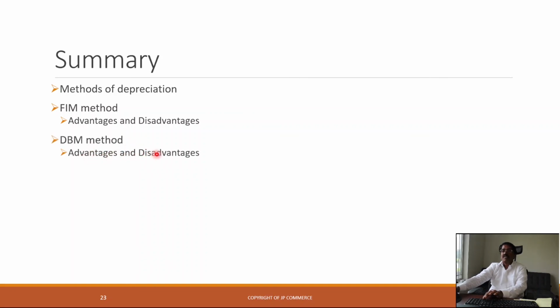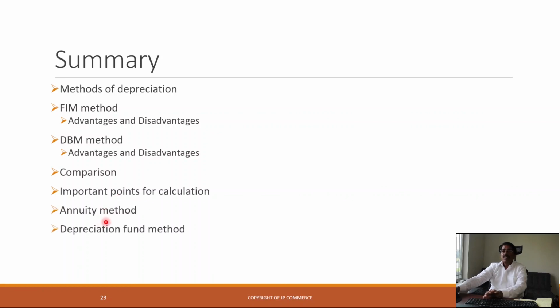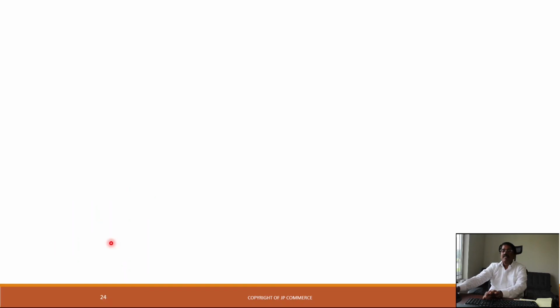Now comparison: just now we discussed the fixed installment method and diminishing balance method. Important points for calculation: the date of purchase of the asset and the commencement and closing of the books of accounts, whether it is March or April. Annuity method, we have discussed depreciation fund method and depletion method.